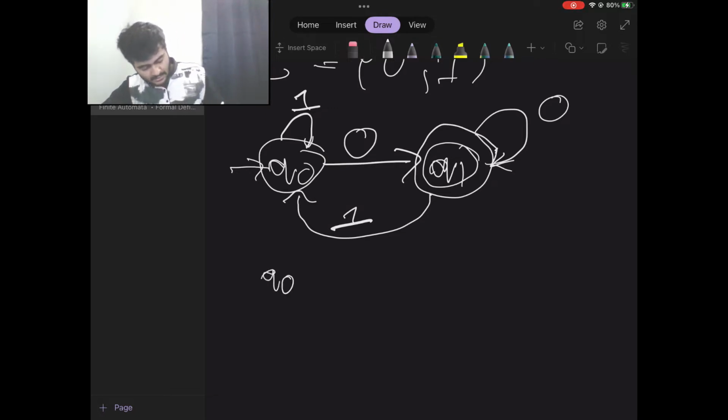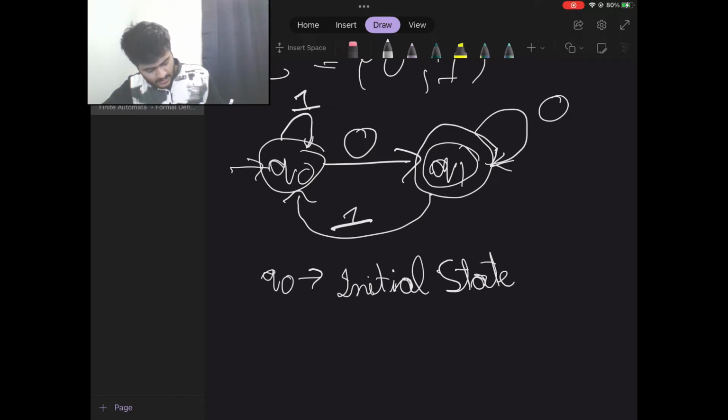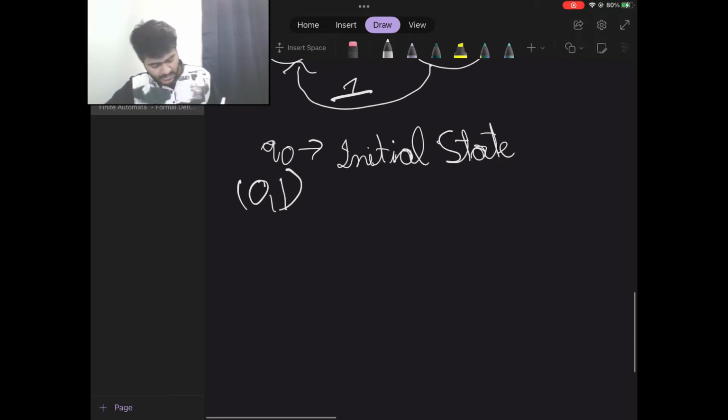There are two important things in a DFA. Here Q naught is our initial state, and for a given state like Q naught, we have to define both of our inputs. Like we are given 0 and 1, so Q naught should be defined on both of them.